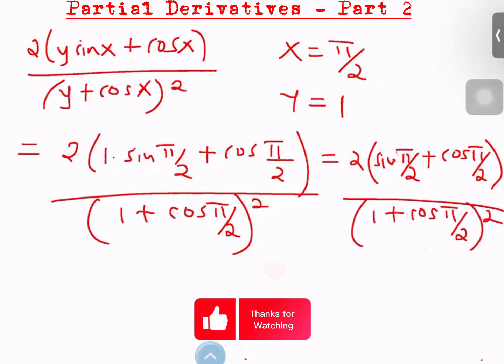Therefore, pi over 2 is the same as 90. If you find the sine of 90, this is normally the same as 1. Sine of 90 is equal to 1, and cos of 90 is normally 0. You can confirm that from your calculator. And again, cos of pi over 2 there is equal to 0.